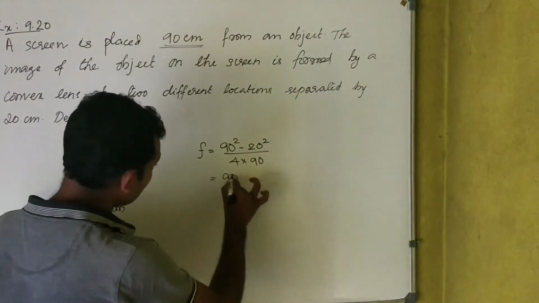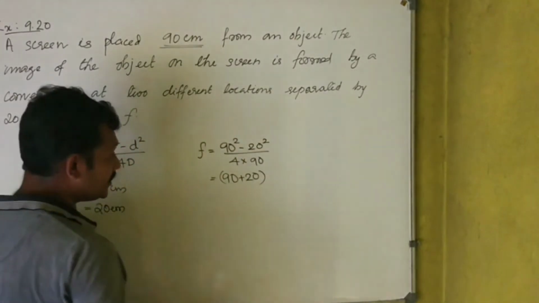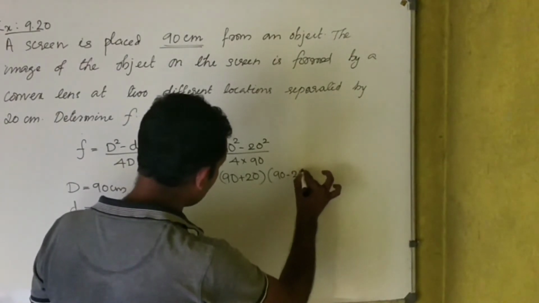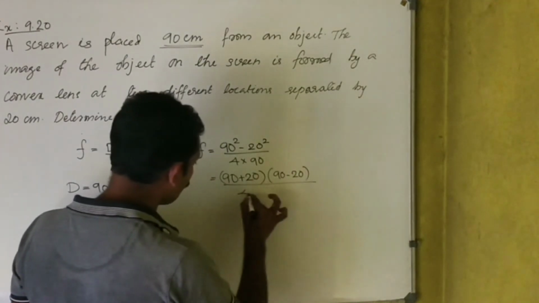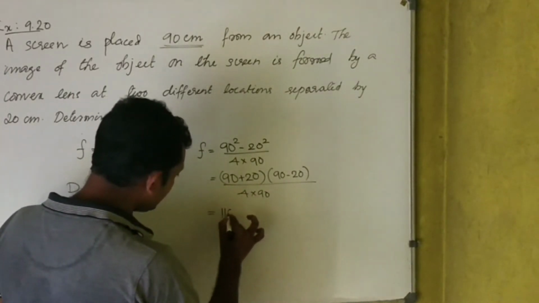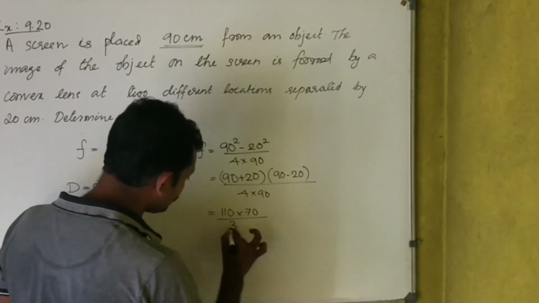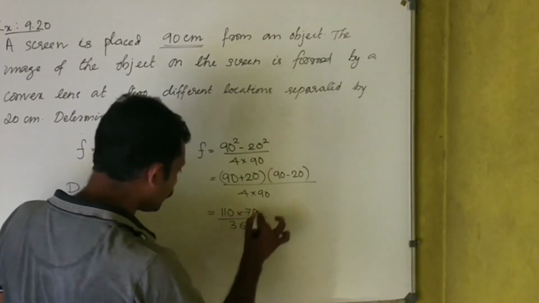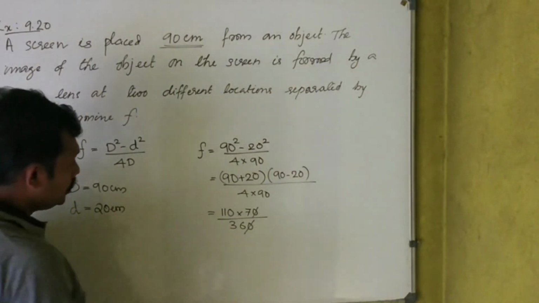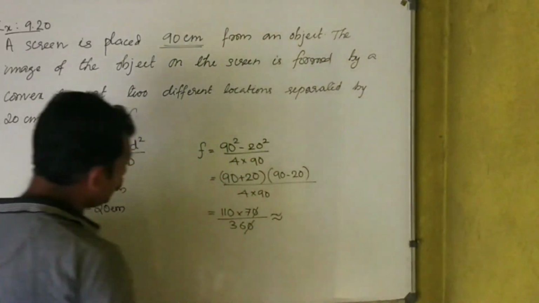I use the formula a square minus b square, which is 90 plus 20 into 90 minus 20, divided by 4 into 90. That is 110 into 70 divided by 360. So let us make this cancellation. So 7 by 36.